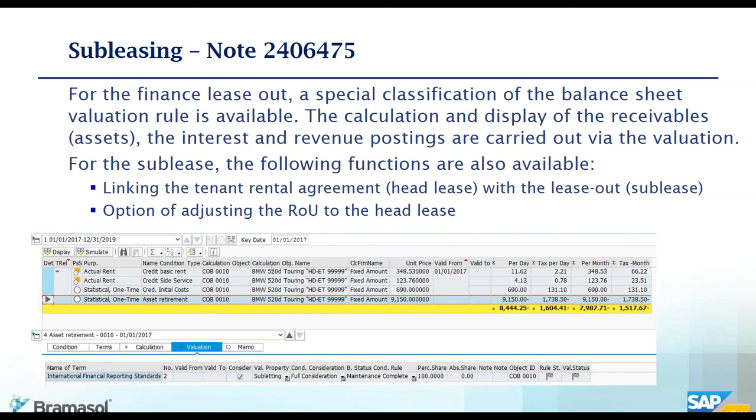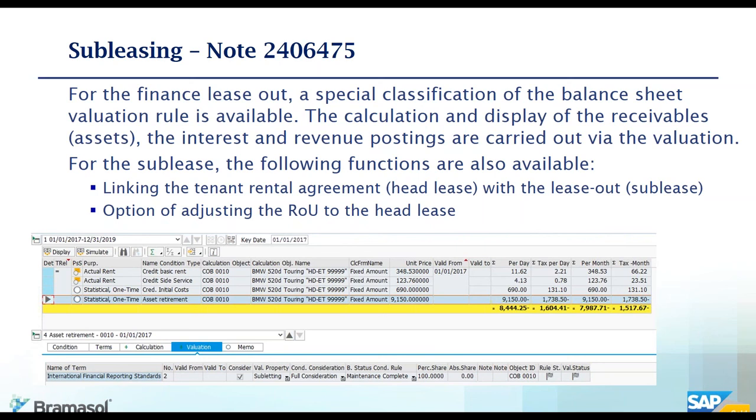So many companies sublease space, and we needed to find a way to link the sublease with the primary lease, and to be able to relieve the corresponding right of use asset and liability based on the sublease amount. So we developed some new valuation parameters, which allow us to control the right of use posting and the corresponding liability.